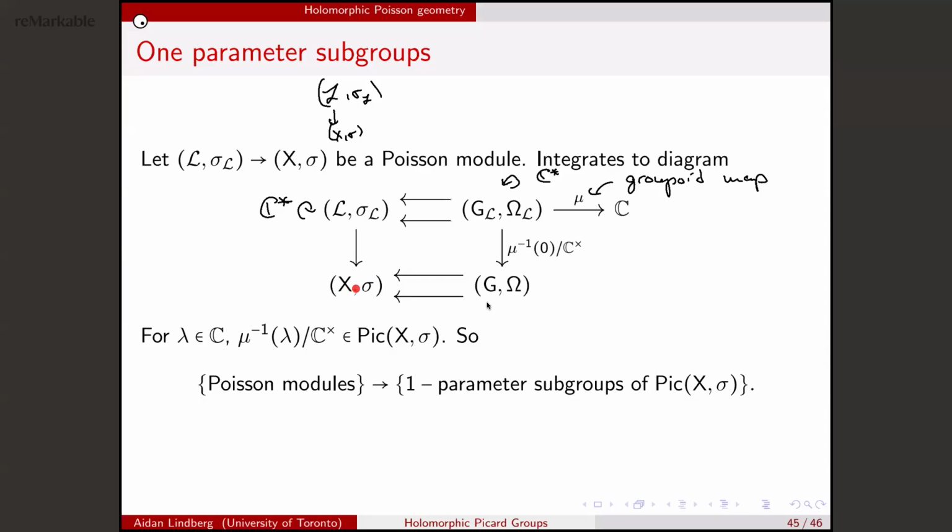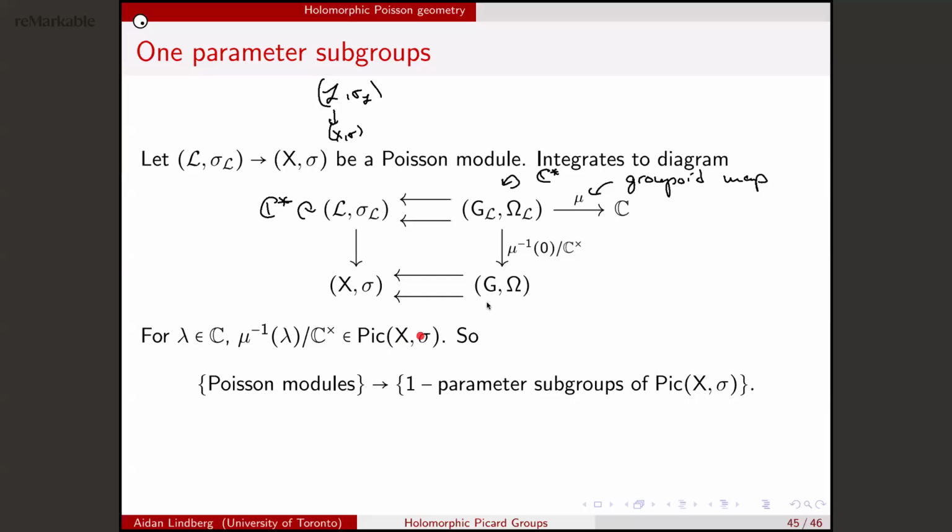Okay. So we started by integrating the line bundle with its holomorphic Poisson structure, and if we do Hamiltonian reduction at 0, we get the groupoid integrating the thing on the base. But you can also reduce at non-zero values. And if you do that, you're not going to get a groupoid anymore, but what you're going to get is actually an element of Pic.